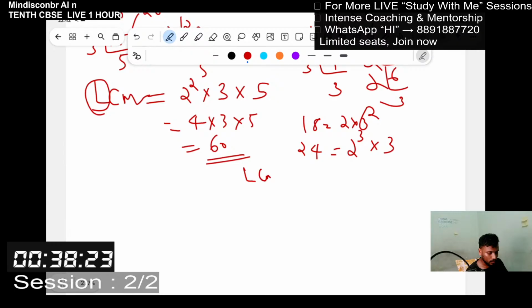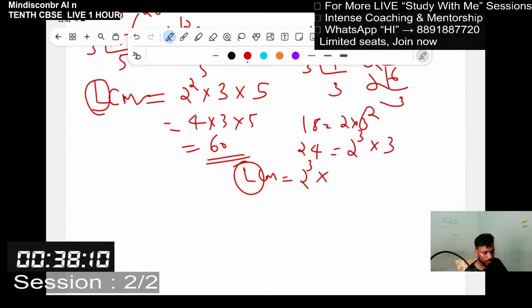LCM is lowest common multiple, so no need of only common factors. All factors should be taken, but from that take the highest value. 2 and 2 cube, highest is 2 cube, into 3 and 3 square, highest is 3 square. Therefore 2 cube is 8, into 3 into 3 is 9, 8 into 9 is 72.